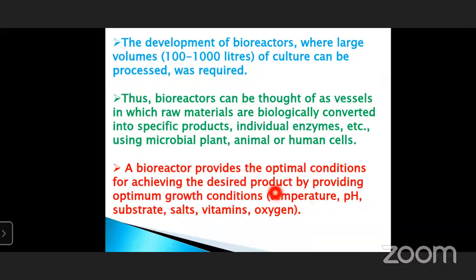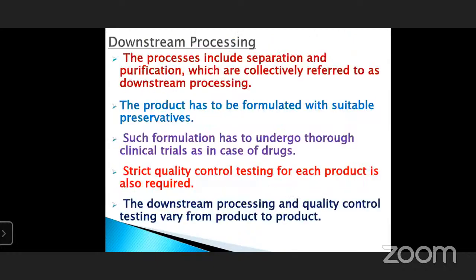This depends on the nature of that organism. So the bioreactor provides the optimal conditions for the growth of that particular host organism to get a desirable product within a short period on a large scale.